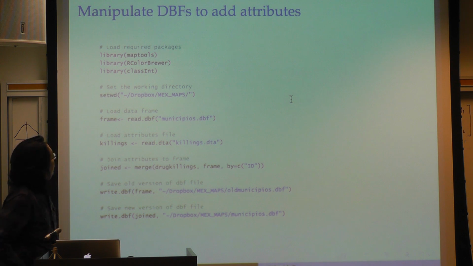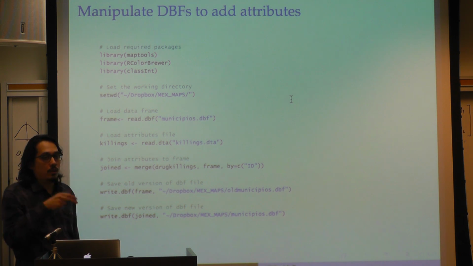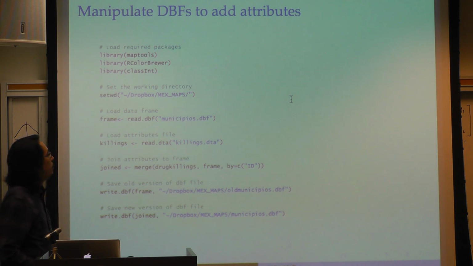So to do that, for example, in here, I have a shapefile of Mexico, and I wanted to merge in the homicide rates for each municipality in Mexico. So I just set my working directory.